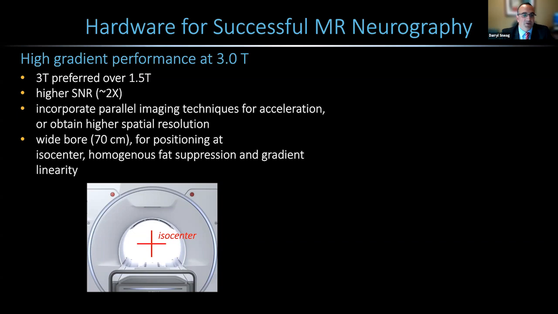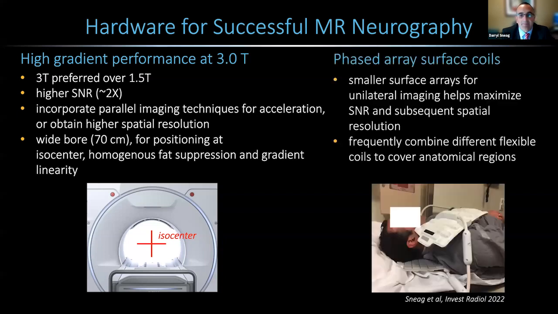I also like to use a wide bore magnet for positioning a patient at isocenter. This provides more comfort for the patient, but even more importantly, homogeneous fat suppression and gradient linearity. In addition to the actual gradients, it's also important to use phased array surface coils that have multiple channels, which most of us are using on a daily basis.